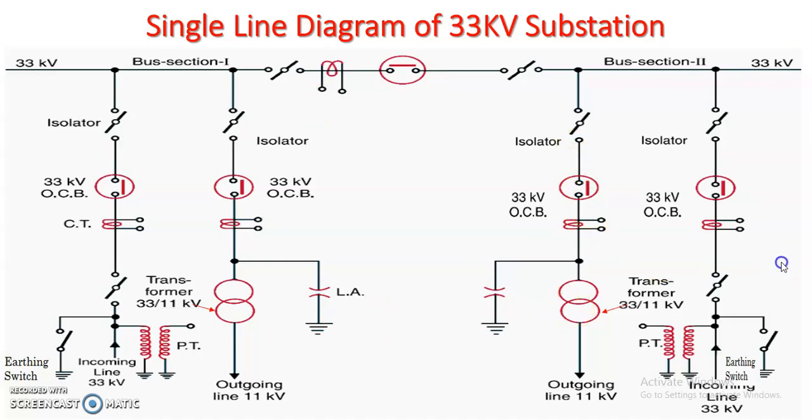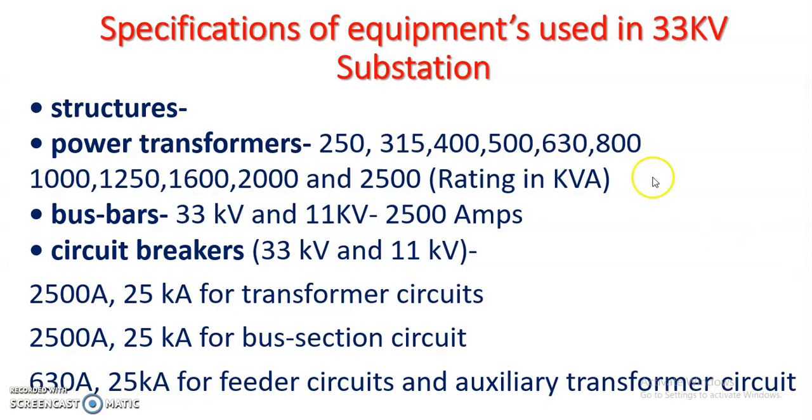The next point is the specification of the equipment that we are using in a 33 kV substation. The first equipment is the structure, and the second is the power transformer. The structure is whatever we use for the installation of the substation, that means poles or support for the transformer or support for the circuit breaker.